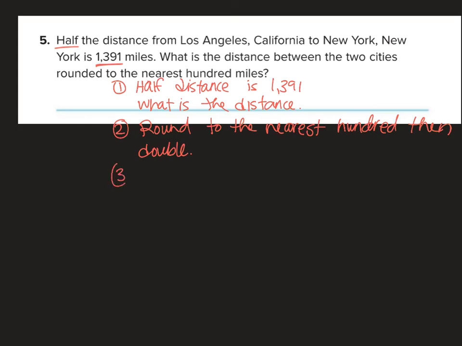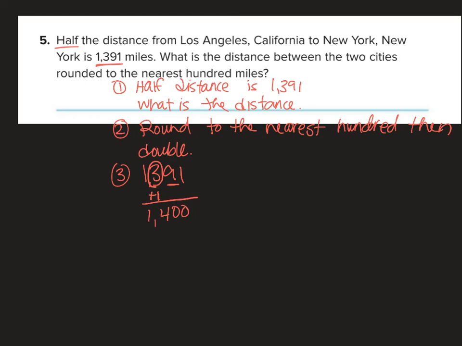Step 3, let's do that. 1,391. So I'm going to circle the hundreds place, underline the tens place. That 9 tells me I need to add 1. So my rounded number is going to be 1,400.